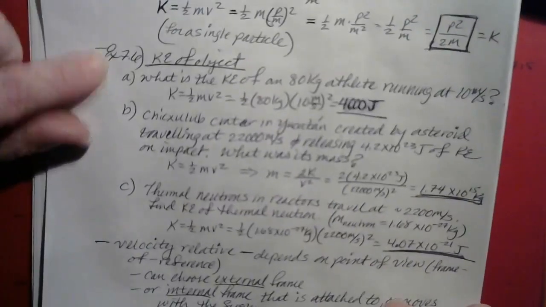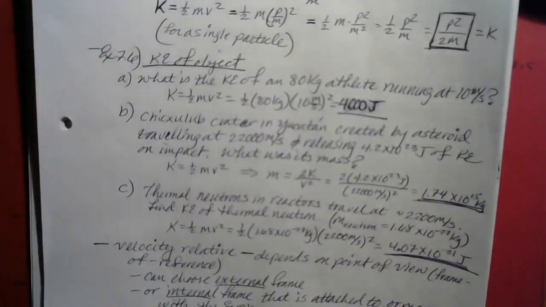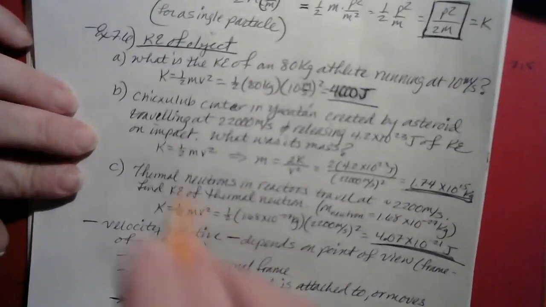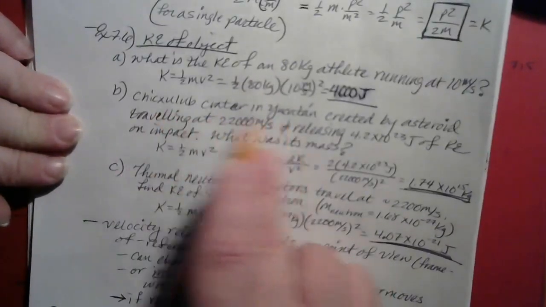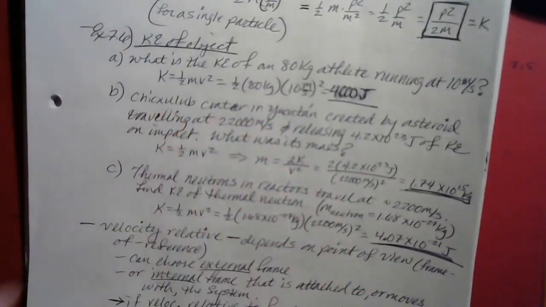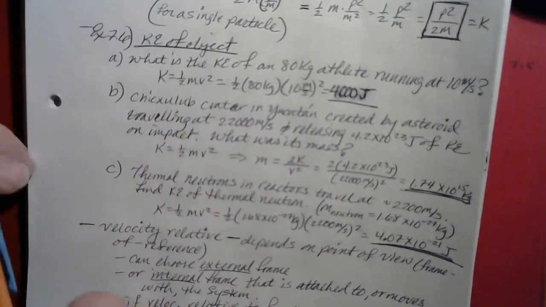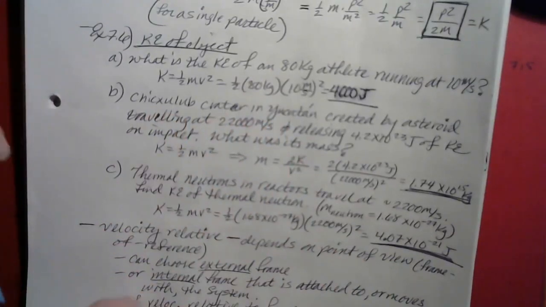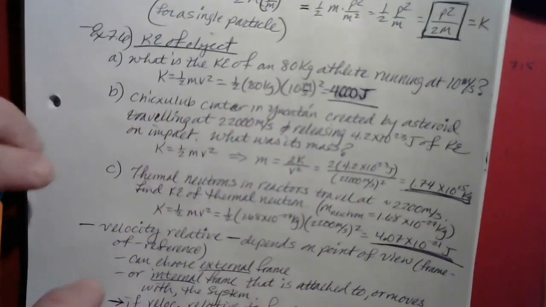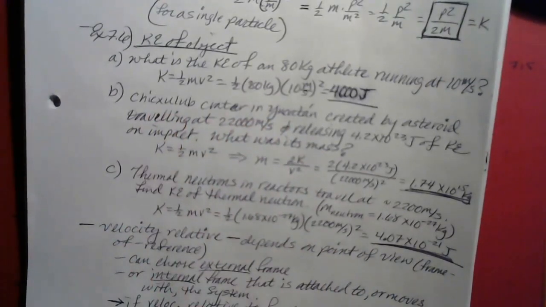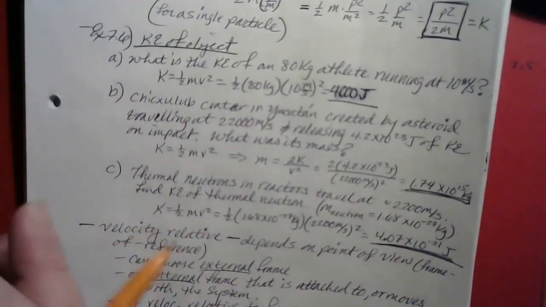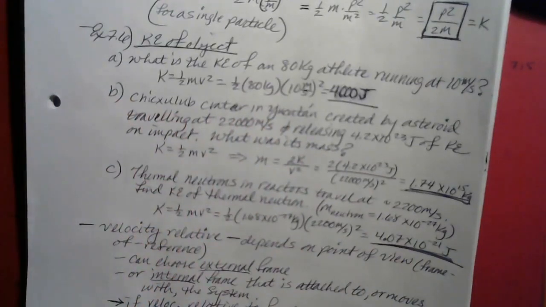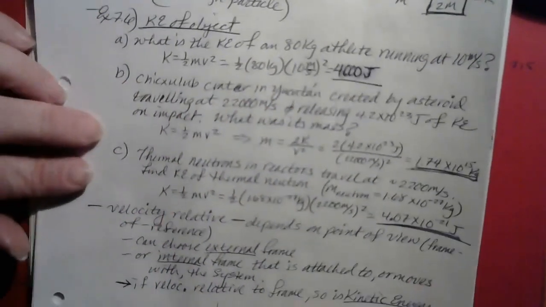Anyway, part B, for example, 7.6 gives this crater in Yucatan, which I'm not even going to try to pronounce, but I believe that's the crater created by the asteroid that is believed to have ultimately killed off the dinosaurs because it threw so much dust into the air that it blocked the sun, resulting in a decrease in temperatures, which killed off the vegetation, which killed off the small animals, which eventually killed off the big animals.